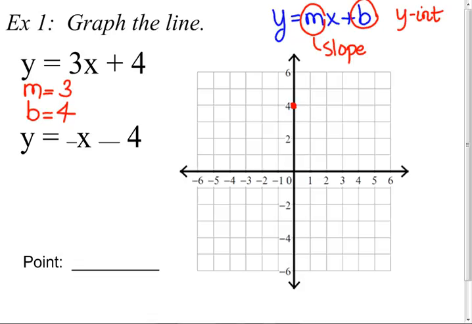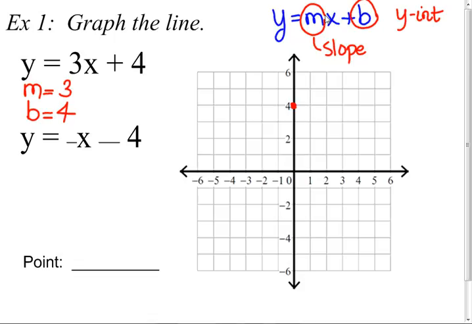So, Luke, how do I get the next point? Because points all lie in a straight line is what I want. So I'm going to begin at the 4, the b, and the slope is 3. It's your choice how you do it. I can go down how many?